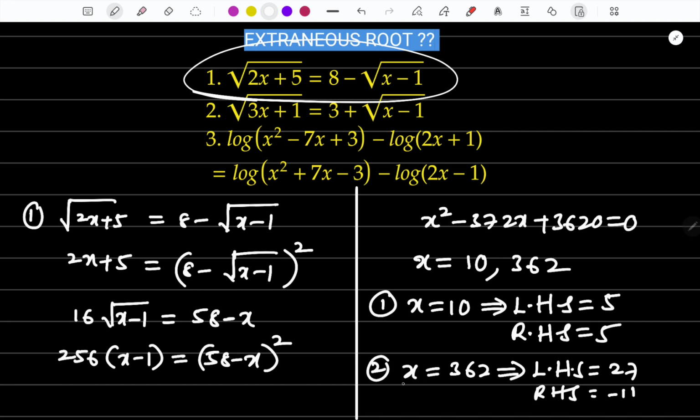Therefore, x equals 362 is not satisfying the given equation, so x equals 362 is called an extraneous root. For the first equation, the only solution is x equals 10, whereas x equals 362, whatever you are getting, is called an extraneous root. Okay, now let us see the next equation.